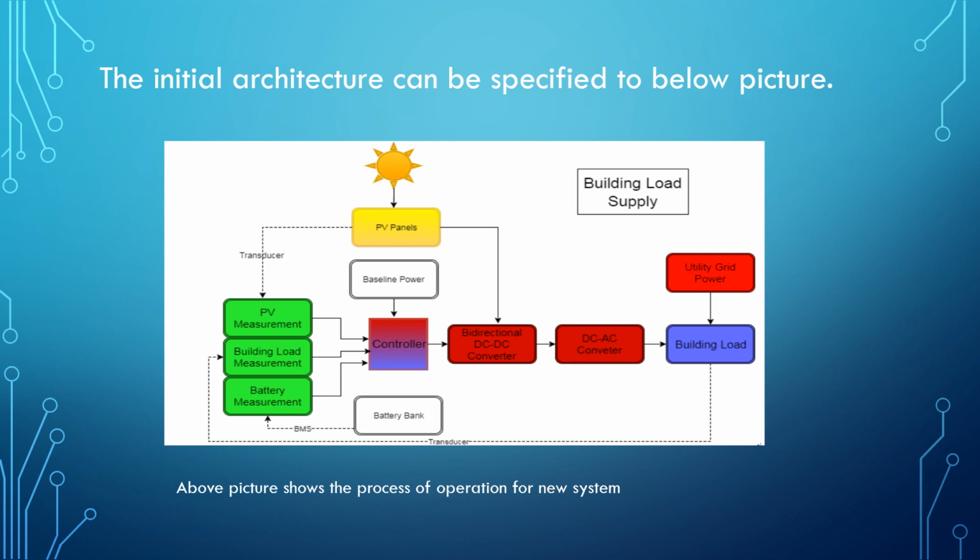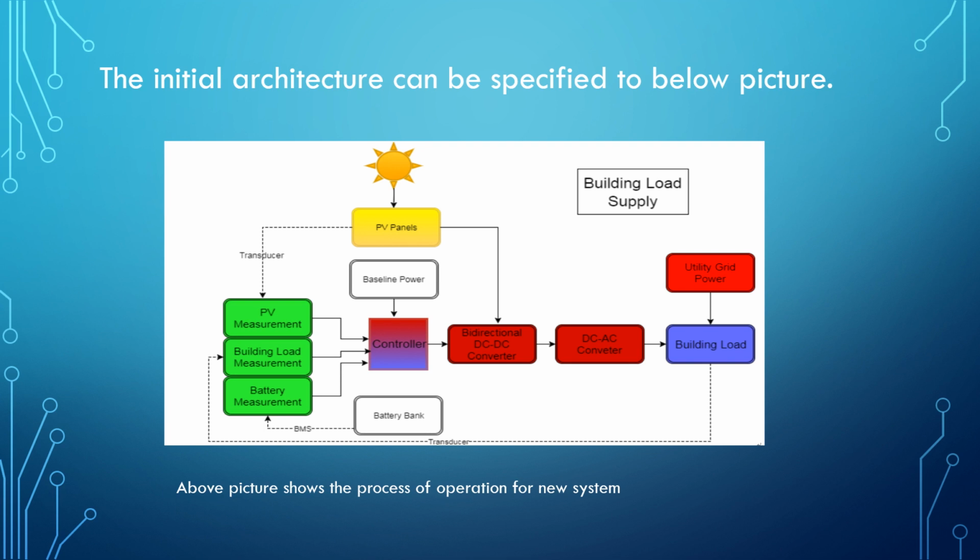The condition of the PV panels is measured by a transducer, and the data goes to the controller. The condition of the building load is also measured by a transducer, and the data goes to the controller.